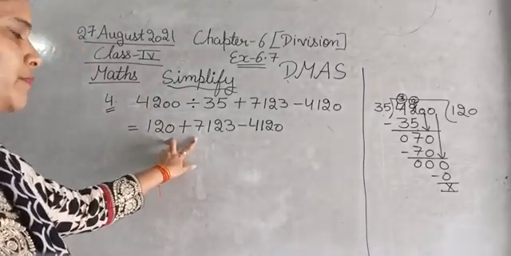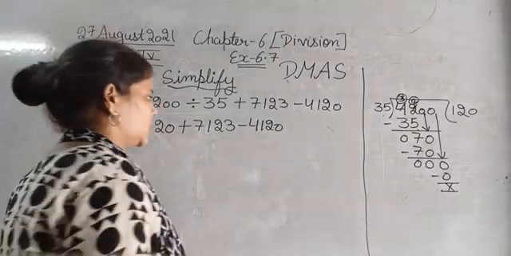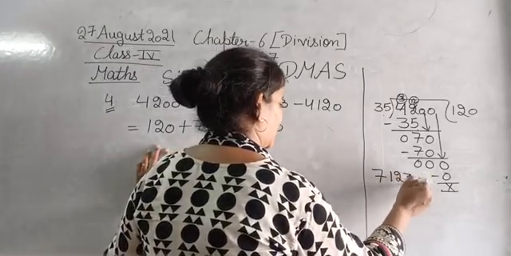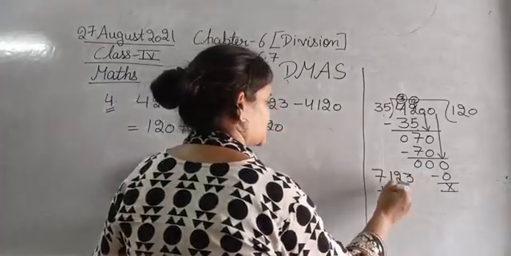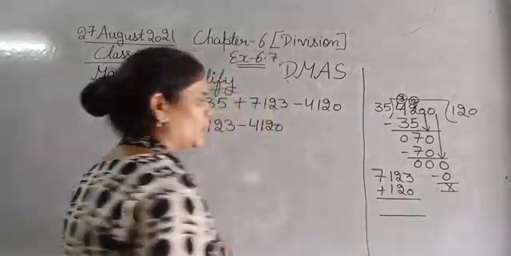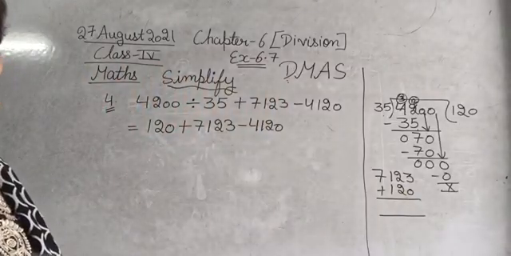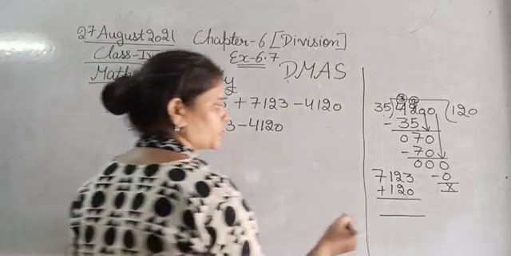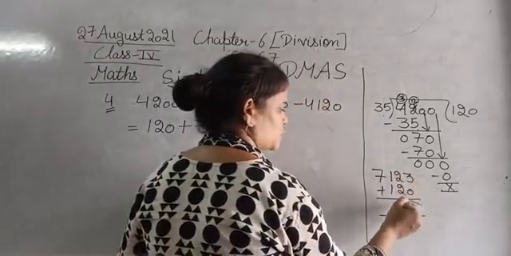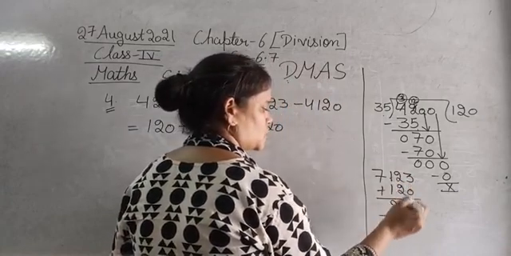So we will add 120 with 7123. So let's add 7123 plus 120. 3 plus 0, 3. 2 plus 2, 4. 1 plus 1, 2.